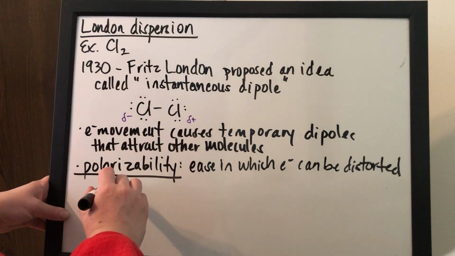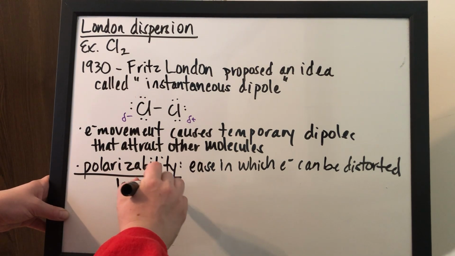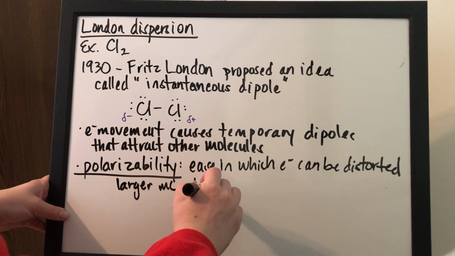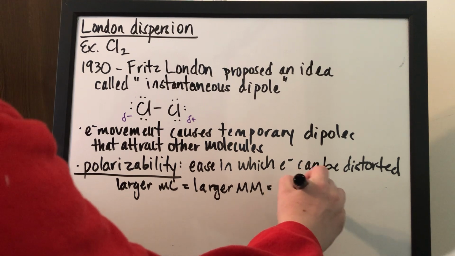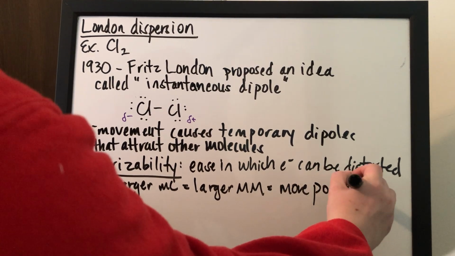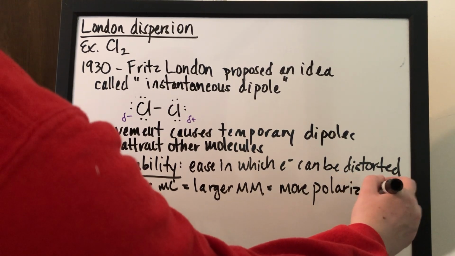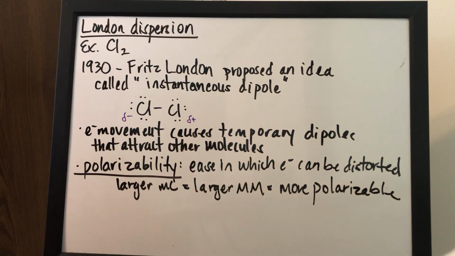And the deal here is that a larger molecule with a larger molar mass is more polarizable than something that's small. Pardon my barking dog.